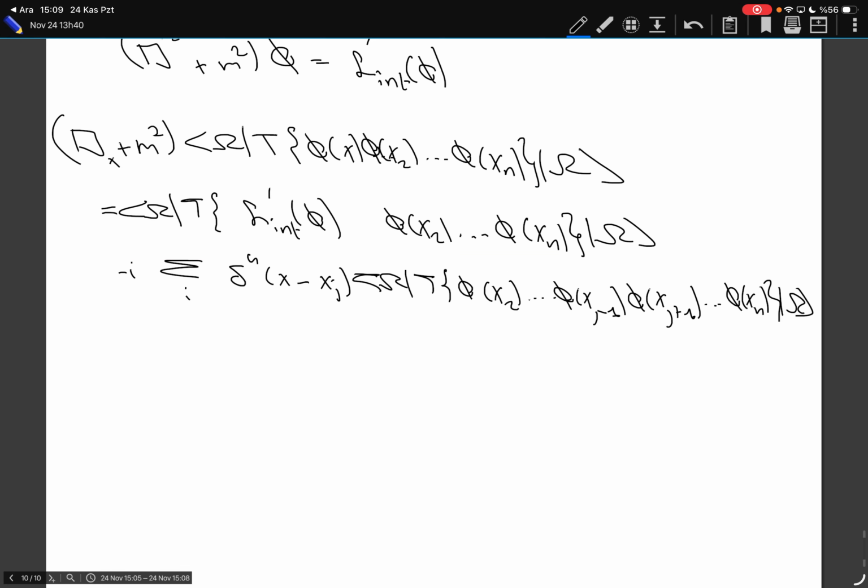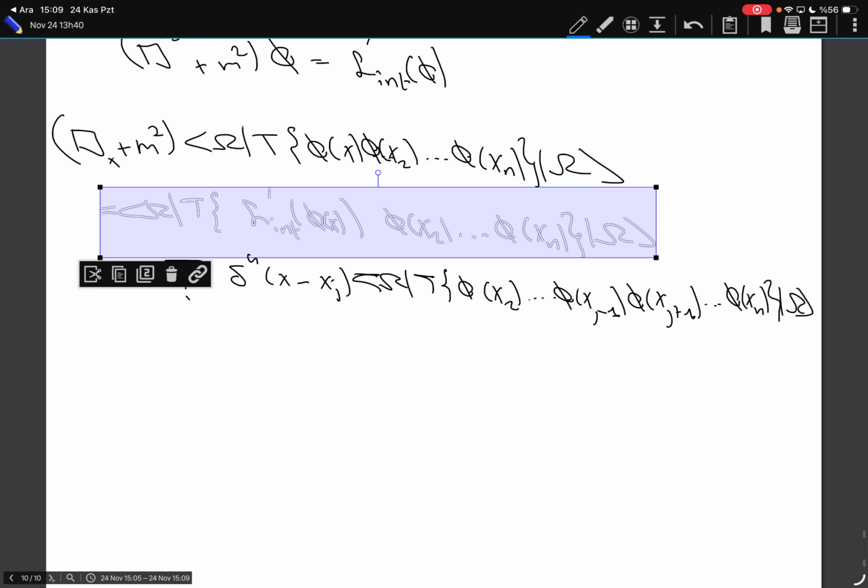Well, you see, here I still have phi x. So I didn't really get rid of phi of x. But you see, that first term is one higher order in the interaction. It contains an extra interaction Lagrangian. That is what we will be using in a moment.